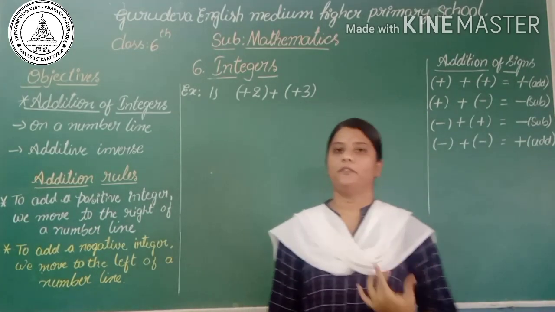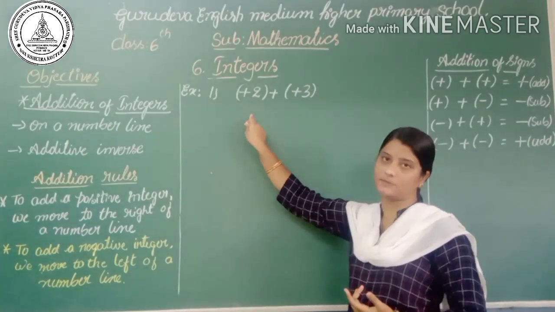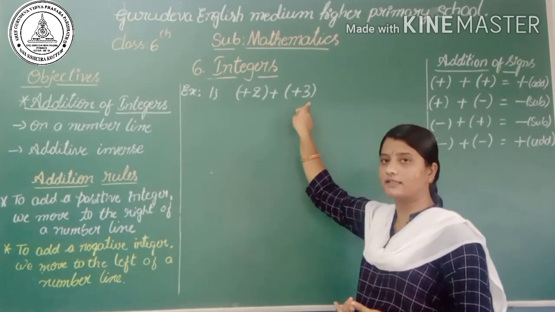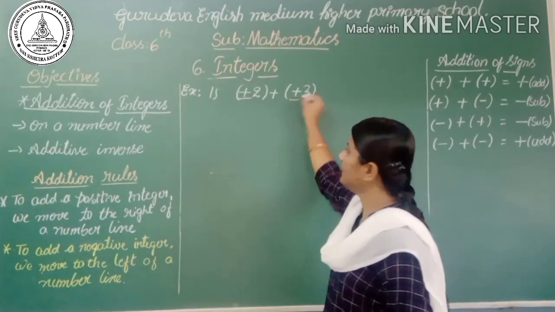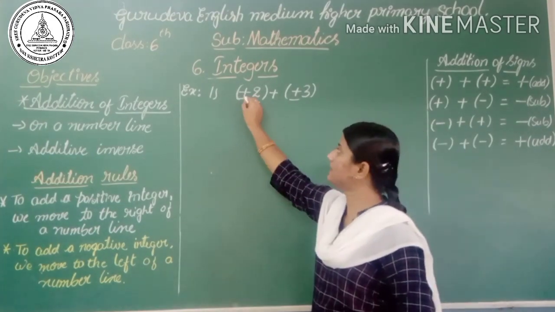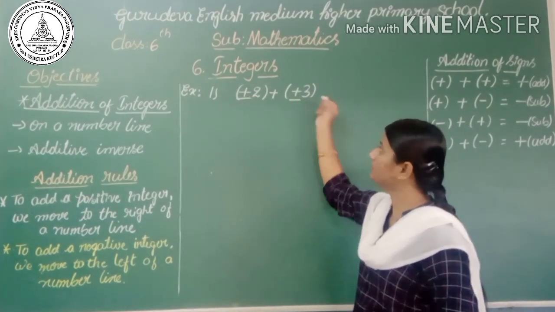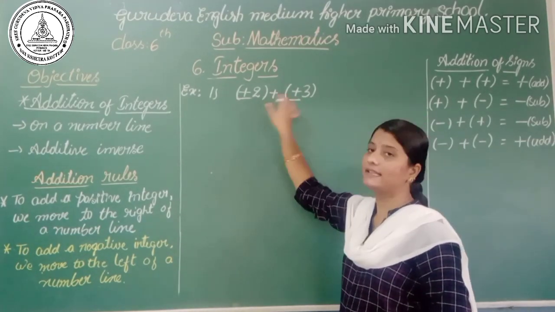Let's see the examples. Here one integer is positive and the other integer is also positive, so it is a plus sign, it is a plus sign. We are going to add like signs.